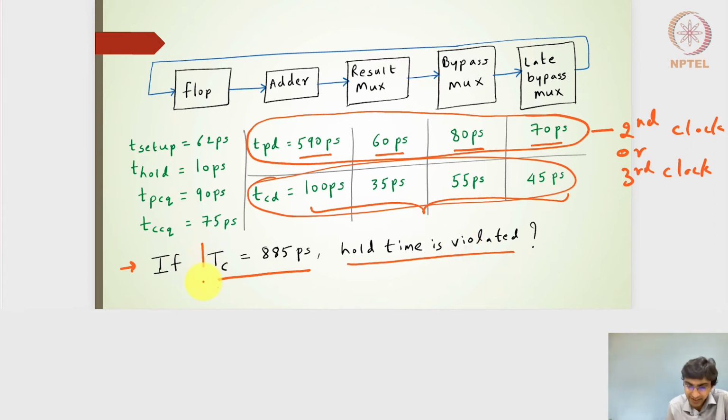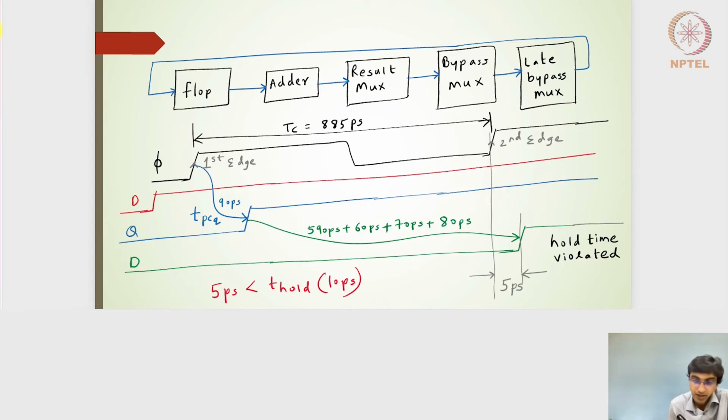Right, if we have a TC of 885 picoseconds, we are likely to get a clock with 885 picoseconds between the first clock edge and the second clock edge. Let's say this is the D input. The D input has arrived earlier than the setup time for the first clock edge, so it is readily available.